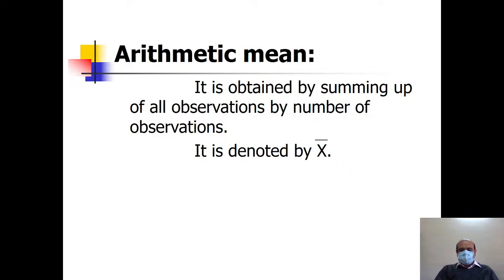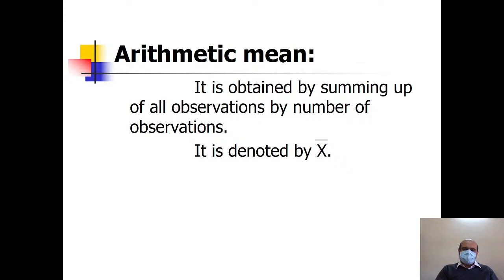So for example, you have 10 patients and you have 10 hemoglobin values of 10 patients. Somebody will have 11, somebody will have 12, 13, 14, like this, or 10. So mean will be calculated as, you have to add up all 10, 11, 12, 13.